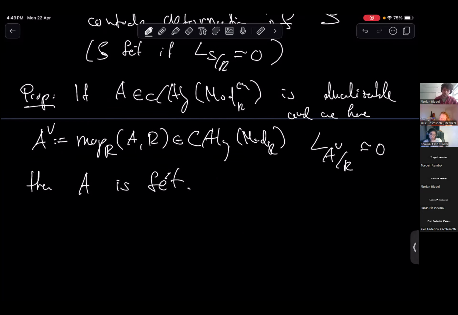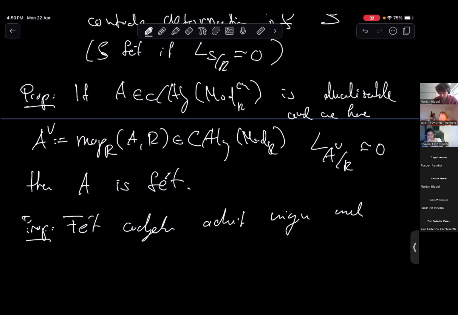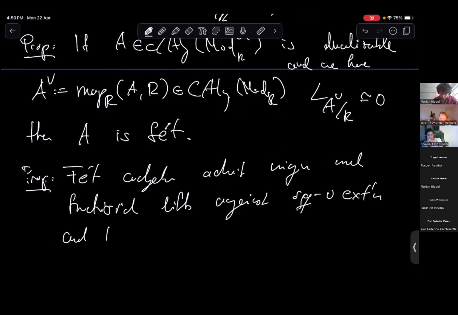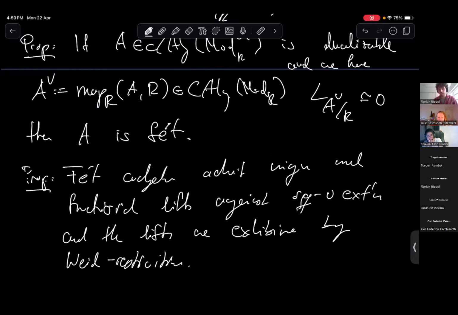And then the next thing you show, which I hinted at earlier, is that formally etale coalgebras admit unique and functorial lifts against square zero extensions, and the lifts are exhibited by Weil restriction, aka by these weird right adjoints.